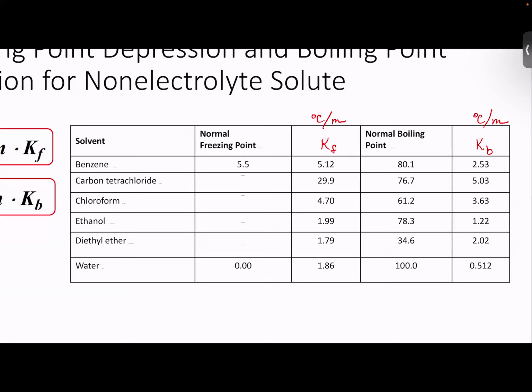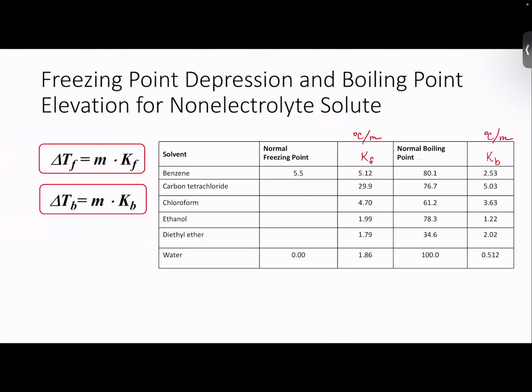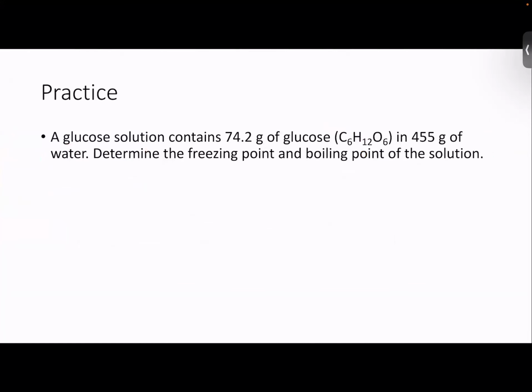So let's look. I'm trying to give an example of every type I can give. A glucose solution contains 74.22 grams of glucose in 455 grams of water. Determine the freezing point and boiling point of the solution.